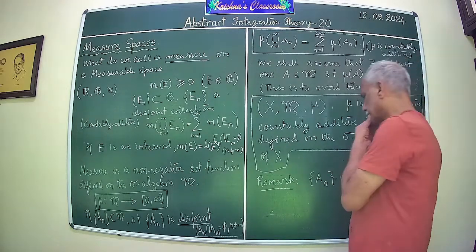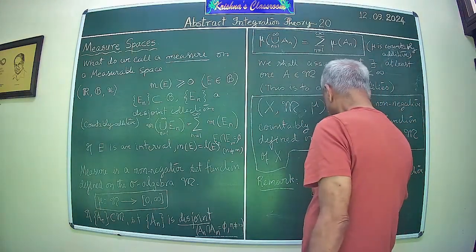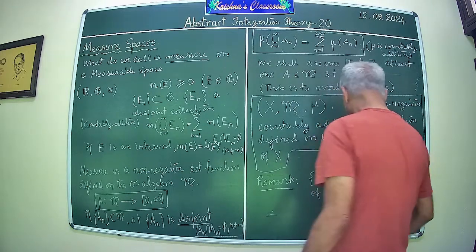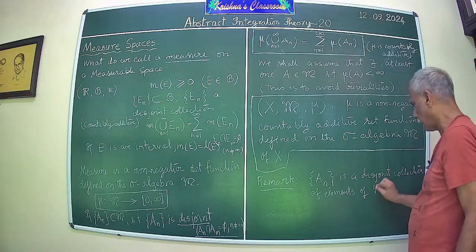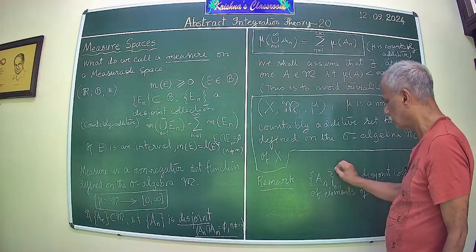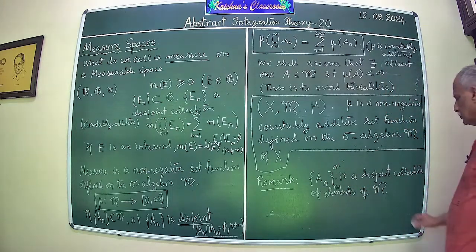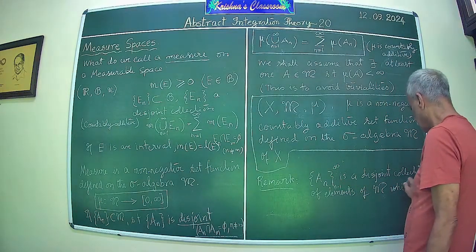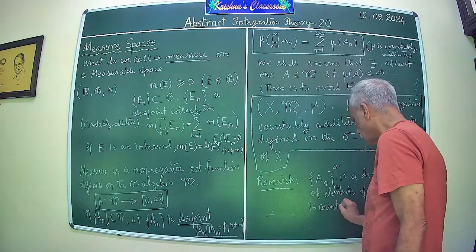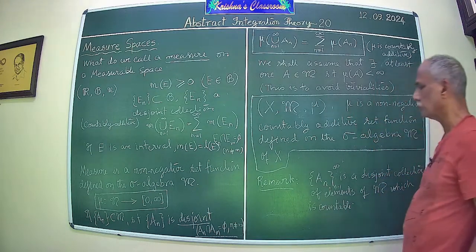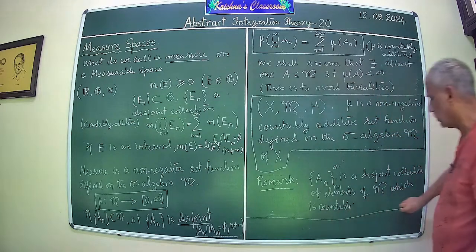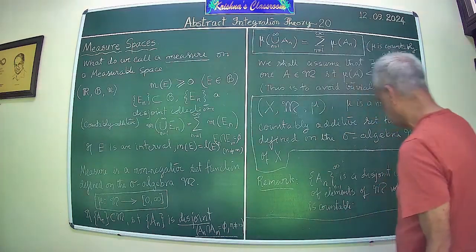It's a disjoint collection of elements of the sigma algebra, and it's a countable collection. That's important. So this is important when we talk about what is called countable additivity.